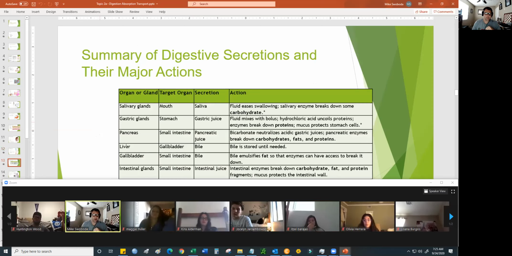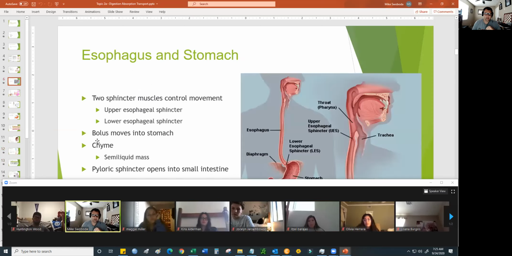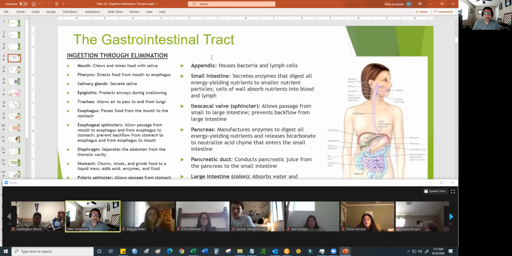And then in terms of everything you need to know for the anatomy part: mouth, salivary glands, esophagus, the esophageal sphincters, stomach, pyloric sphincter, small intestines. You should probably know the pancreas, but we're going to cover that more later on. And the colon. So those are our big ones to remember.